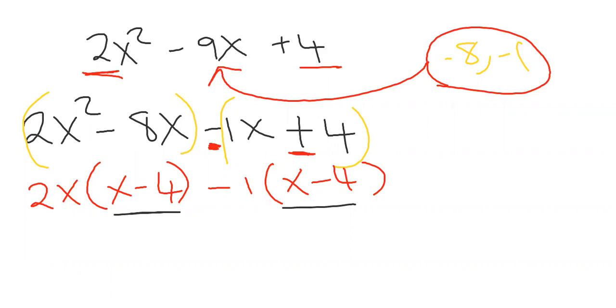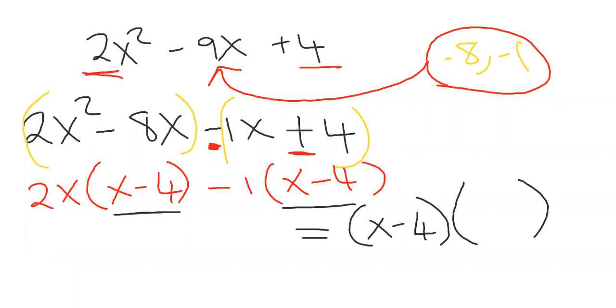So if it's the same, then it means you are closer to getting your final answer. So you are going to take that which is the same, which is inside your bracket, and put it there. Then you are going to open another set of brackets, and insert everything that is left out of your brackets, which is 2x minus 1. And you are done. And that's it.